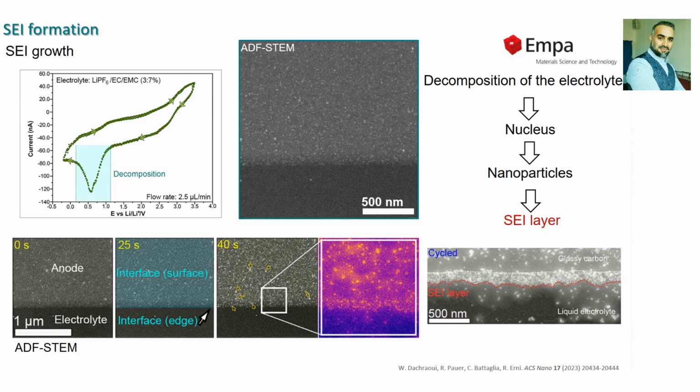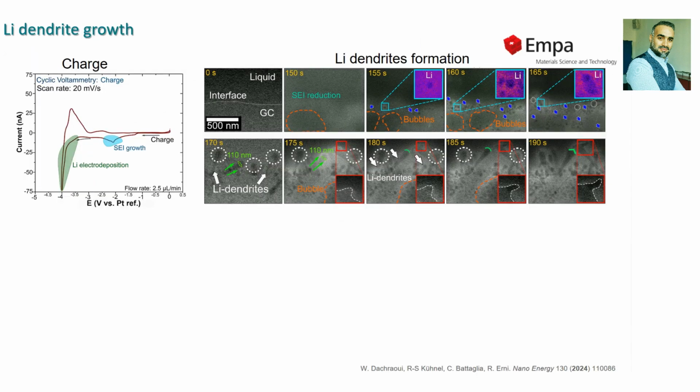If we continue going to lower potential during cycling, a large peak corresponding to lithium electrodeposition appears. The STEM images here show the nucleation and the growth of the lithium dendrites.